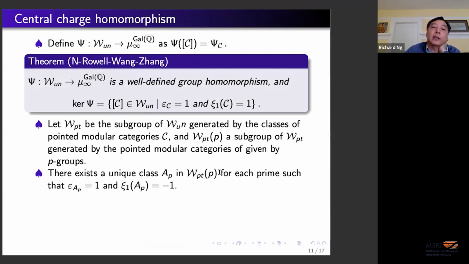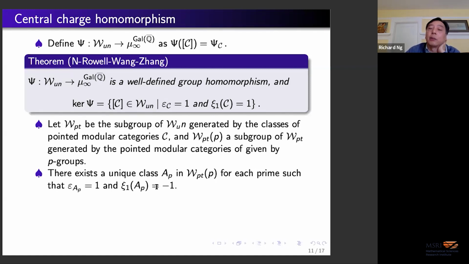But then in this W point P, there's a unique class I call A sub P here, for each prime P, which has trivial signature, but the first central charge is -1. In other words, it is order 2, but it's not due to the signature.